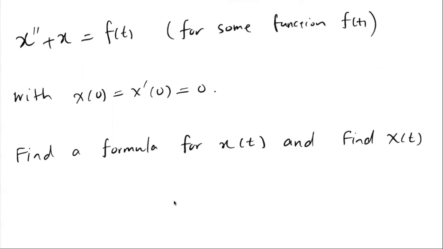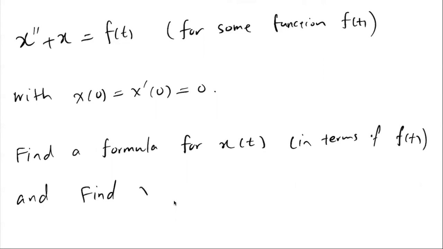in terms of f of t, and find x of t if f of t is equal to cos t. So first we want to consider the problem for an arbitrary f.